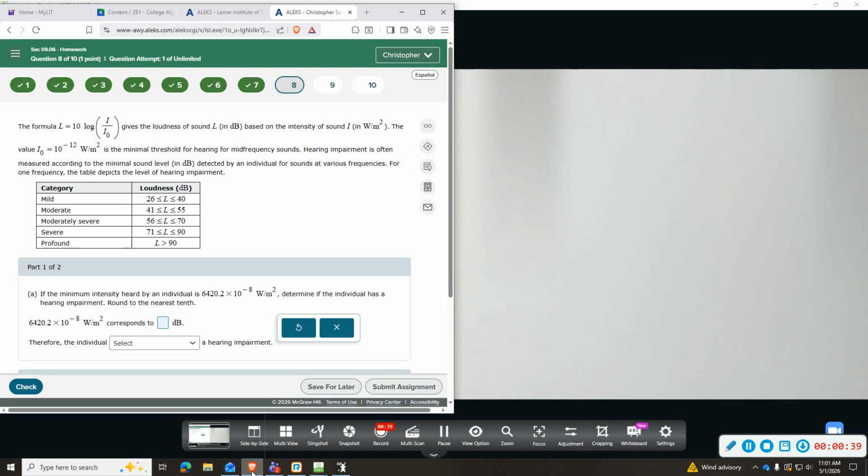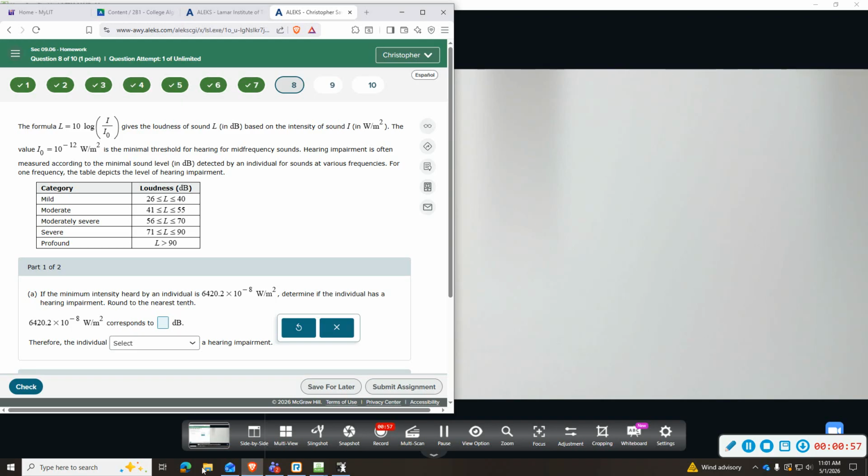Hearing impairment is often measured according to the minimal sound level detected for an individual for sounds at various frequencies. For one frequency, the table depicts the level of hearing impairment.